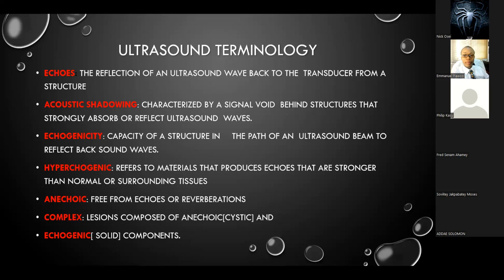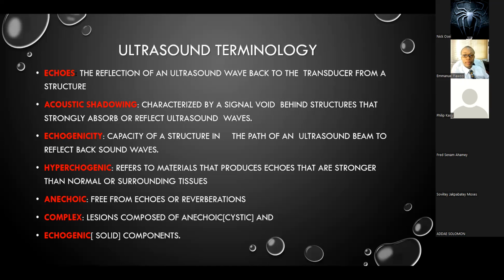We'll see how that looks on the picture. Now, when we say it is of complex echogenicity, that means that it has echogenic and anechoic areas. So it has areas that are reflecting a lot of the sound waves and areas that are not reflecting sound waves. So it's not uniform. It's complex. And echogenic simply has to do with solid structures, and their echogenicity is the ability to reflect as much back.